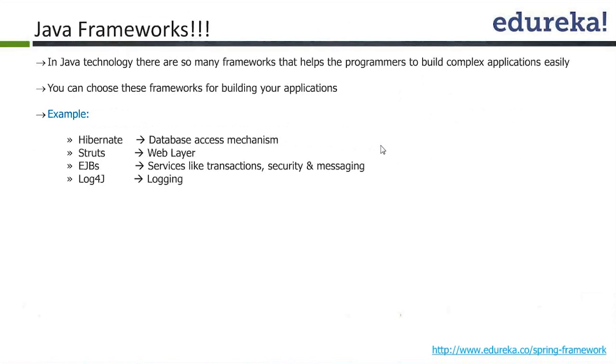Java frameworks. In Java technology, there are many frameworks that help programmers build complex applications easily. We can choose these frameworks for building our applications. For example, Hibernate we can use as a database access mechanism. Basically, Hibernate is built on a concept called ORM, Object Relational Mapping. With ORM, what is the ultimate goal we are achieving?